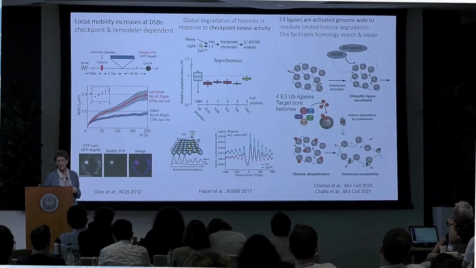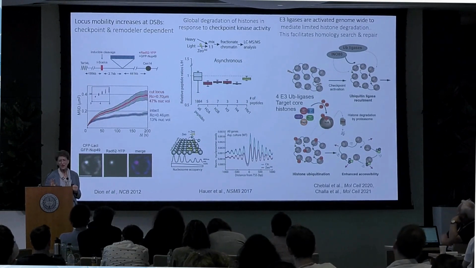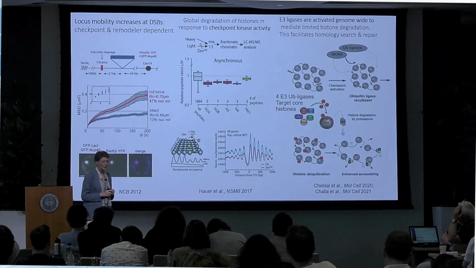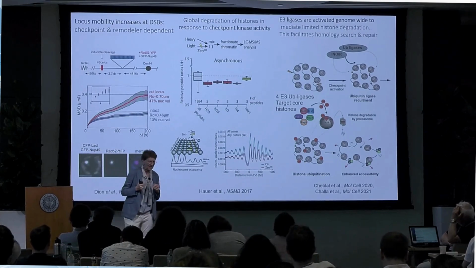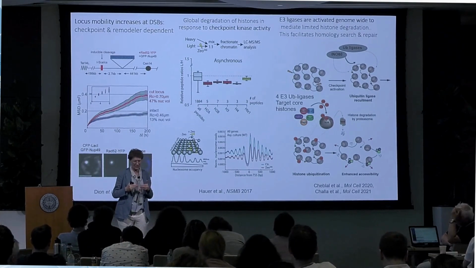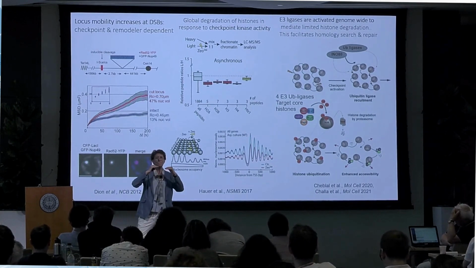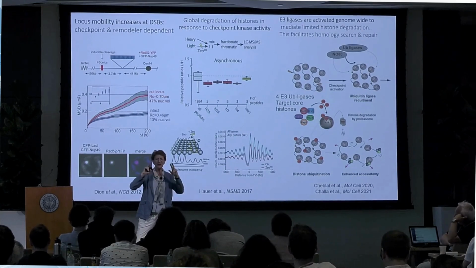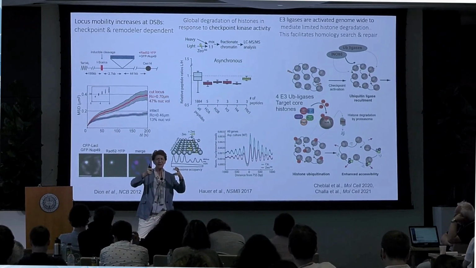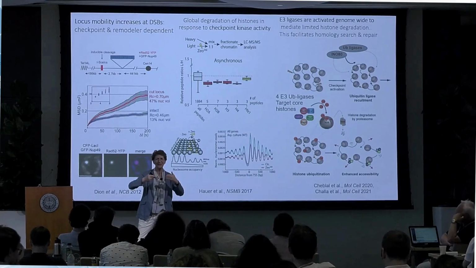So this is not, okay, actually double-strand break, depending on the type of damage, oh, this gets very complicated. Damage that can be repaired, resected, a normal double-strand break that's resected and then has to find a template, these are the conditions under which we see mobility increase.